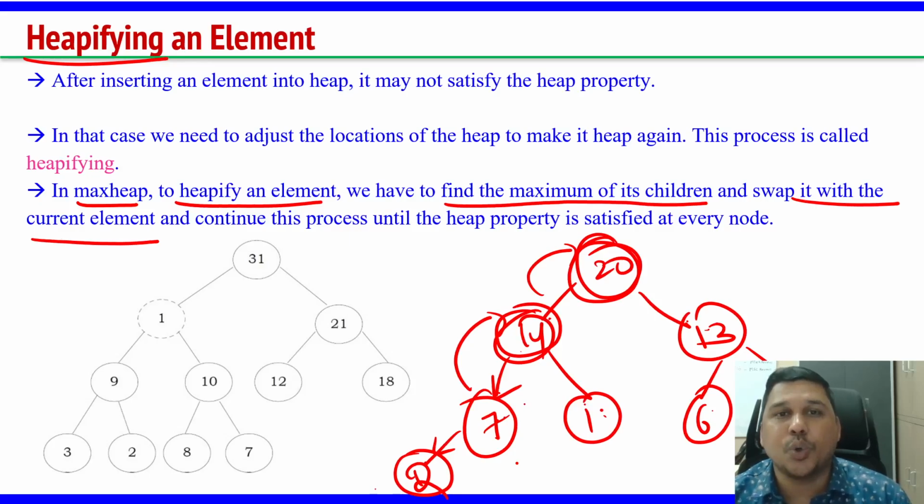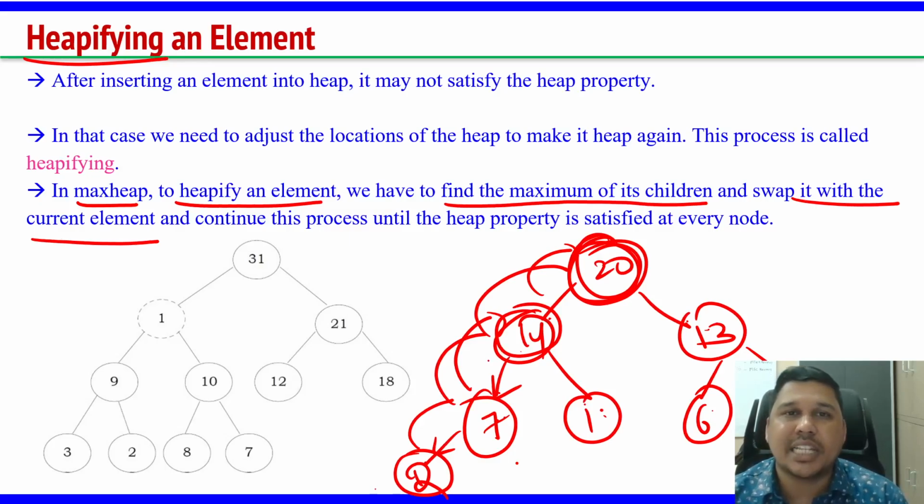Okay. We are trying to do the heapifying process by swapping elements with roots and somehow bringing the element to the top, to its correct position, making sure that it is satisfying the property of max heap. Okay.